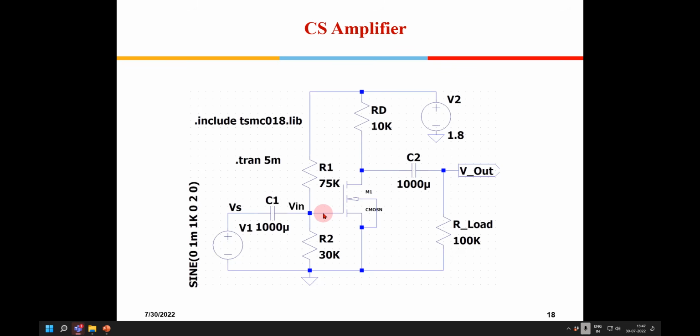This will never come on. Instead, if I put say 1 volt here, when this signal gets superimposed, it will go from 1 to 1.1 and it will come to 0.9, right? So that 1 volt given here for biasing will be known as large signal, and this mic voltage which is coming here will be known as small signal. Is it okay now? Yeah.